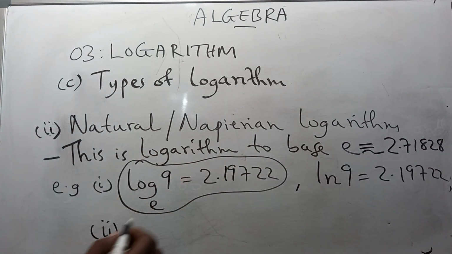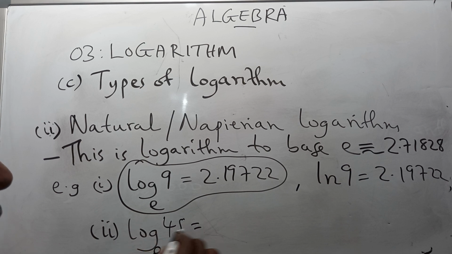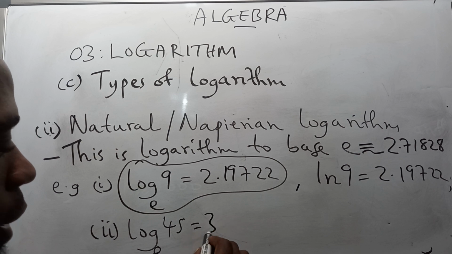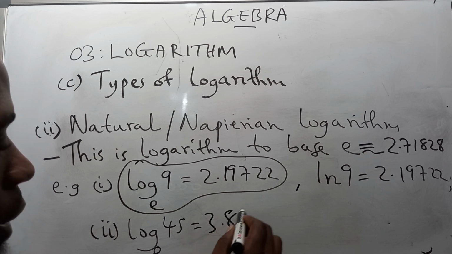As well, log of, let's say, 45 to base e is equal to 3.807.